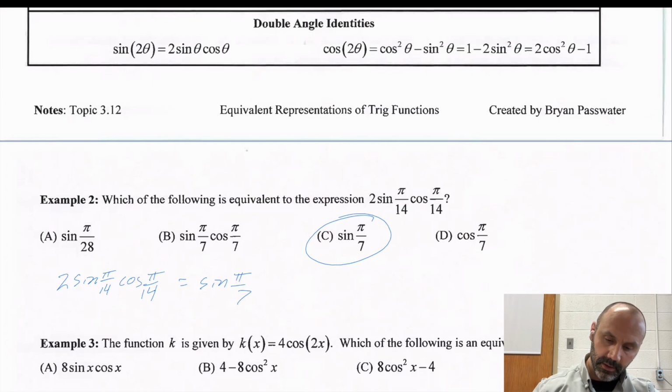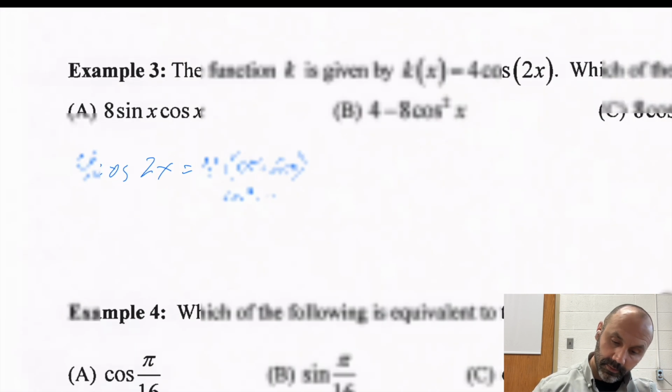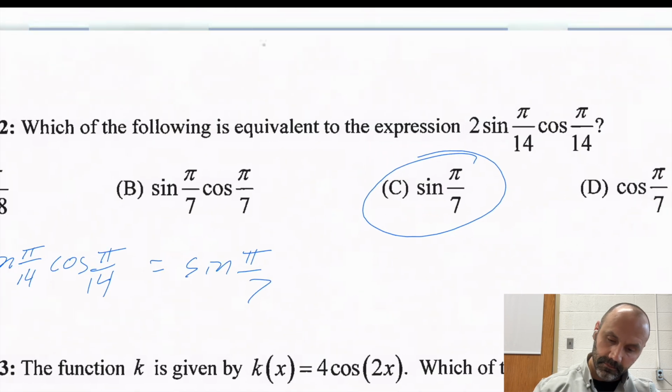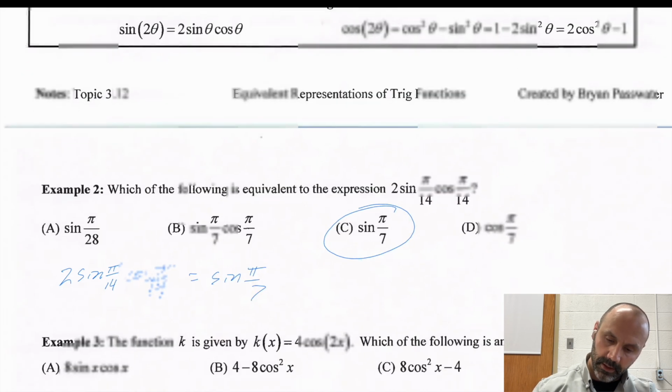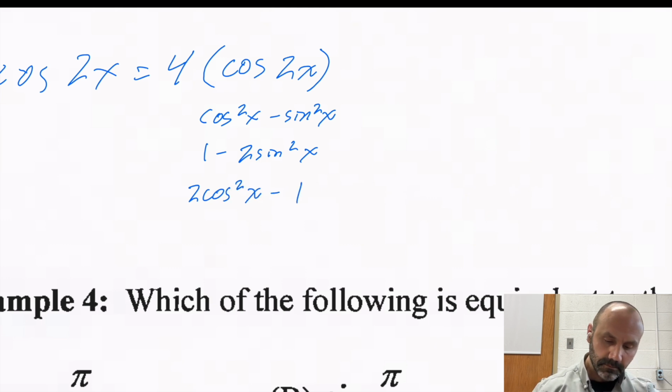Well, it could be equal to cosine squared of x minus sine squared of x. It could be equal to 1 minus 2 sine squared of x. Or it could be 2 cosine squared of x minus 1.